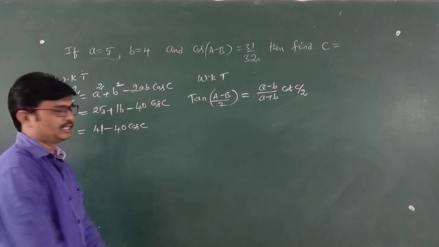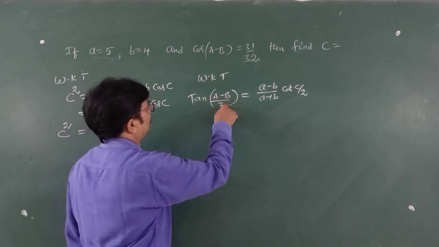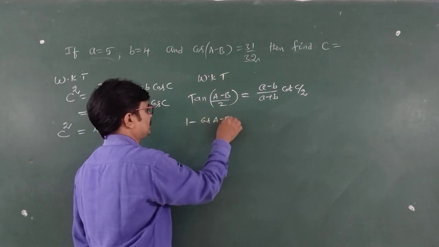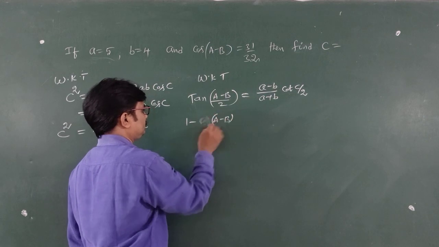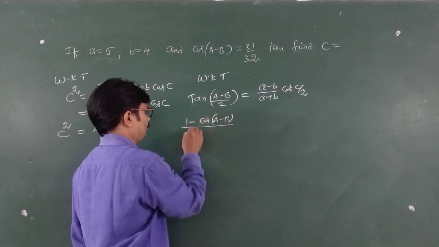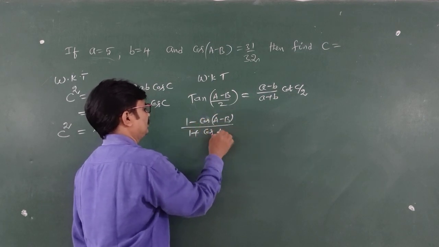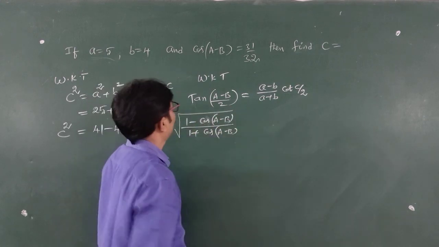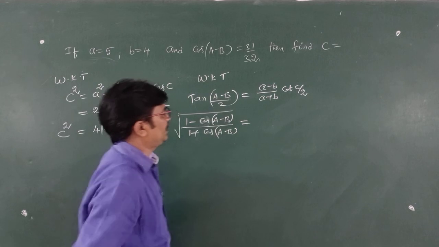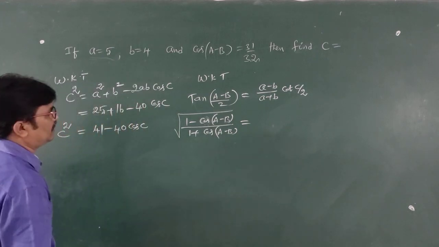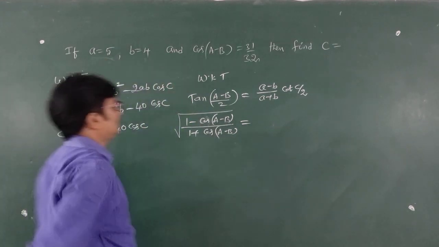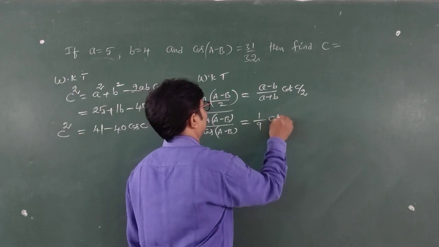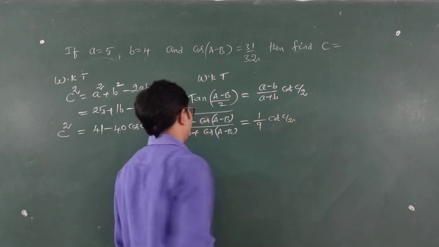Dear students, tan of (A − B)/2 in terms of cos is (1 − cos(A − B)) upon (1 + cos(A − B)). So we can write this as (a − b)/(a + b) into cot of C/2. 5 minus 4 is 1, 5 plus 4 is 9. This is cot of C/2.